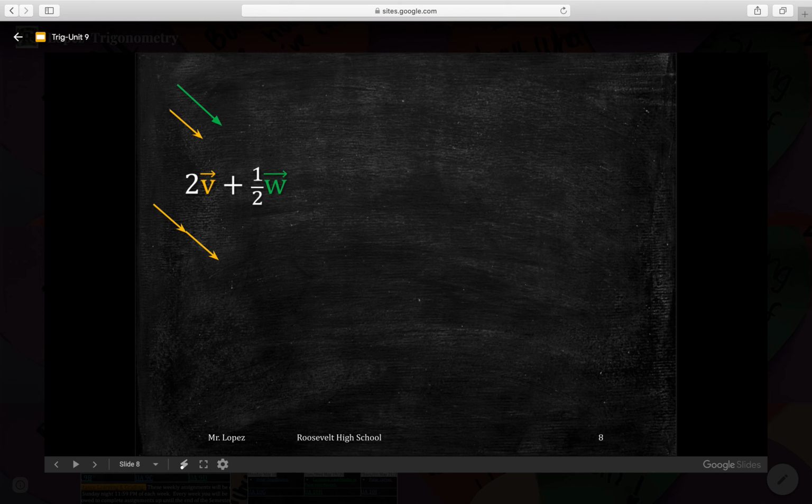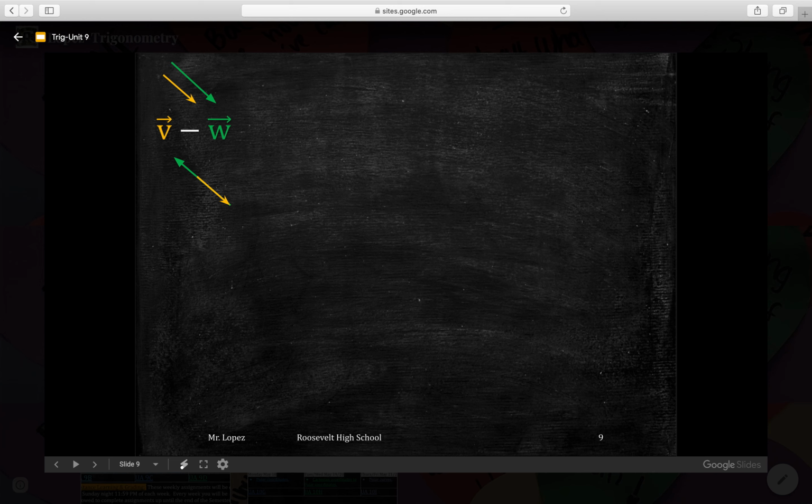You can go at your own pace looking at this. You can also subtract vectors. I'm going to draw vector V first, and now we're asked to subtract vector W. Vector W is going down as well, but since I'm subtracting it, it has to go the other way at the tip. So instead of continuing down at the head of the yellow vector, it heads the other way, up.